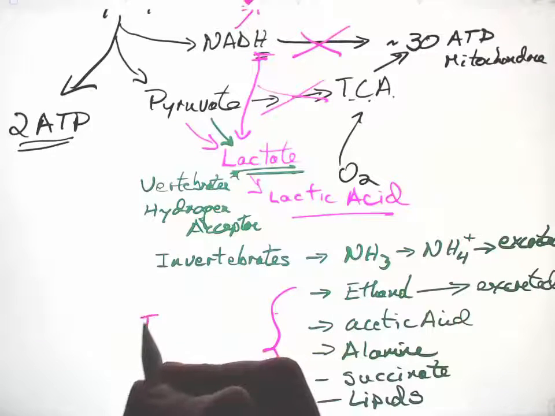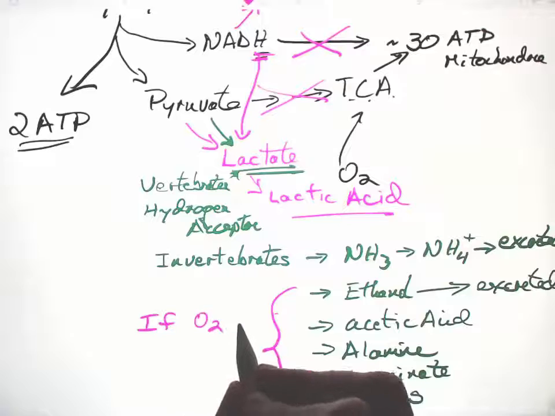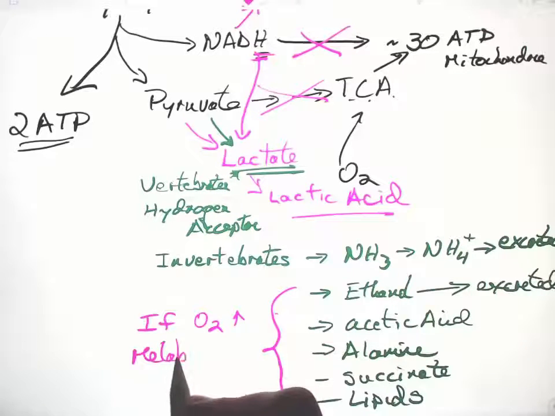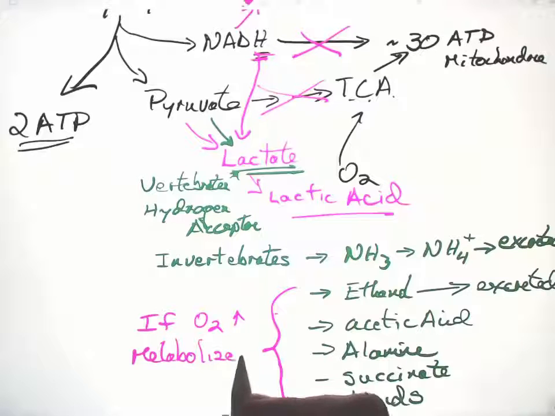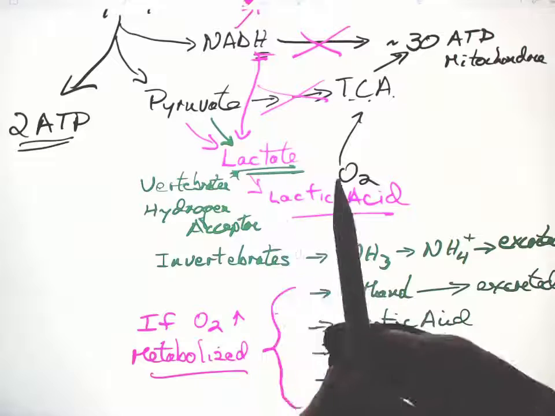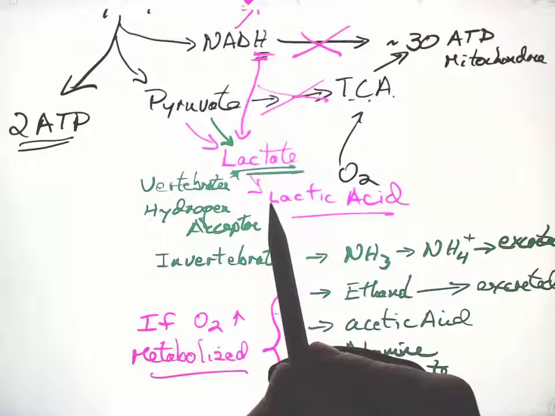Many of these have the advantage that they can be metabolized later if oxygen becomes available, and therefore the energy of those bonds isn't wasted. Vertebrates use lactate and lactic acid because that's easily recycled.